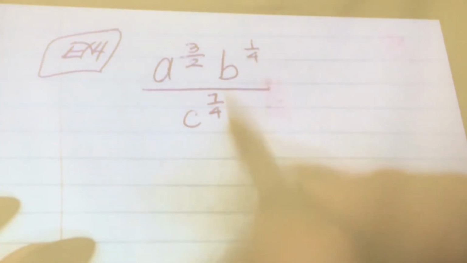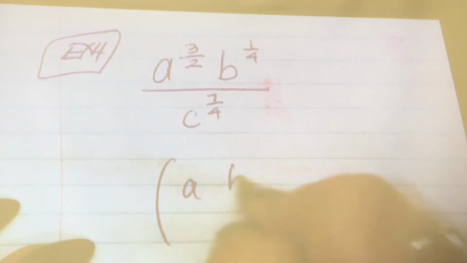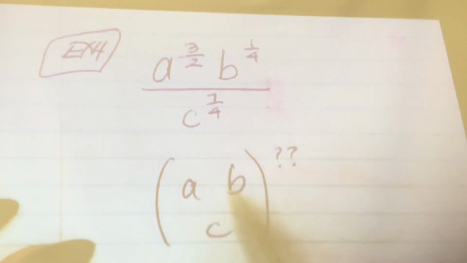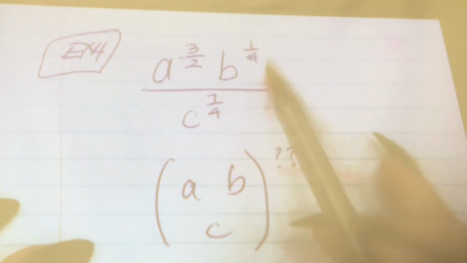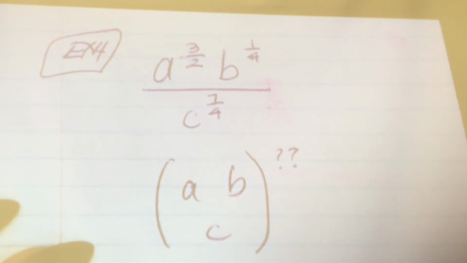So that means what I'm going to do is figure out what was up here before I distributed it. I'm going to guess it's going to be a 1/4, and the reason why that's an educated guess is because 1/4 is the smallest one and can be taken out of each one of these. That means divided by 1/4.